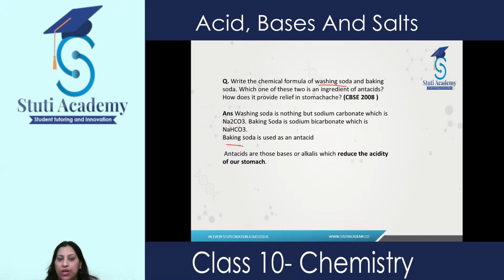And baking soda is sodium hydrogen carbonate, which is used as an antacid, being basic in nature. It is made up of a strong base and weak acid. That's why we call it a basic salt. And due to this basic nature, it neutralizes the effect of acid produced in our stomach. So that's why it reduces the acidity of our stomach.